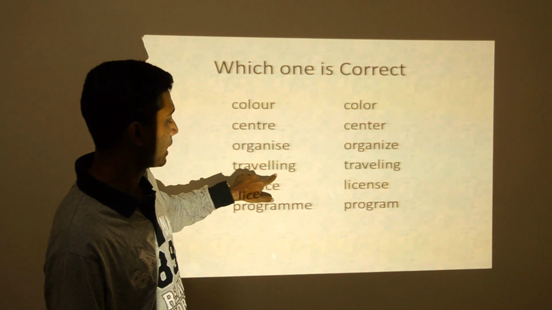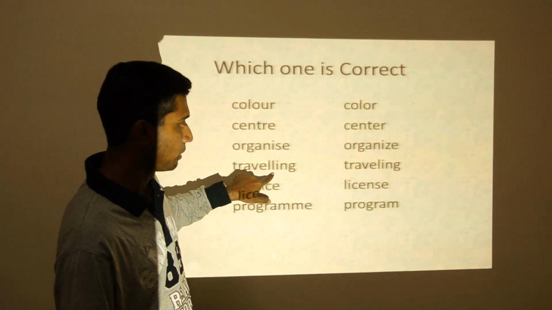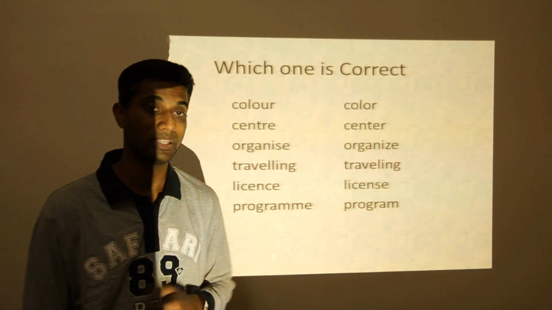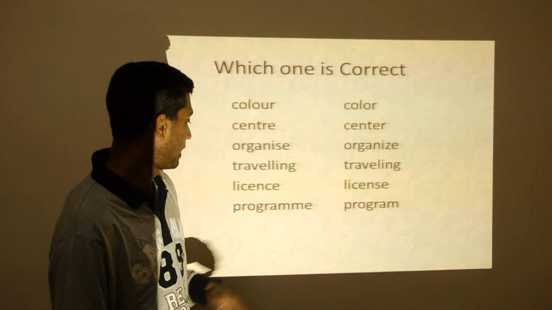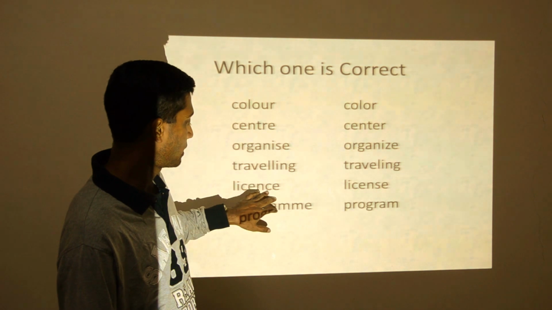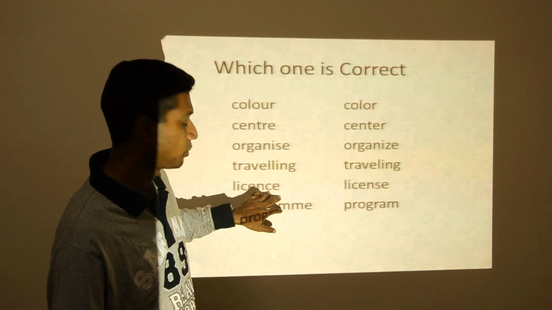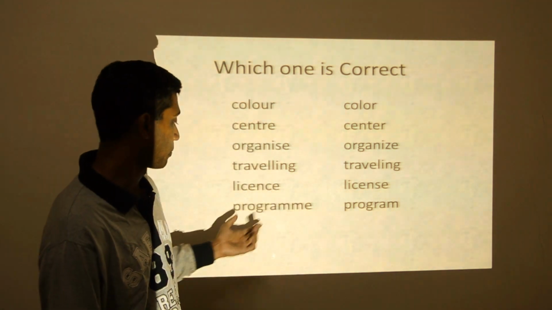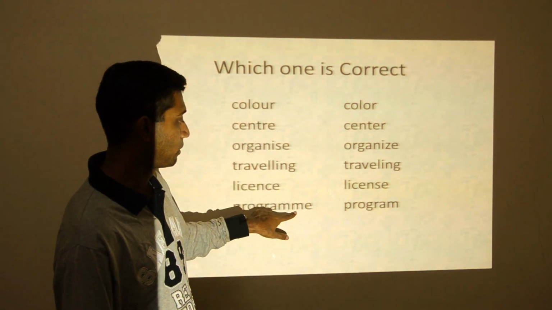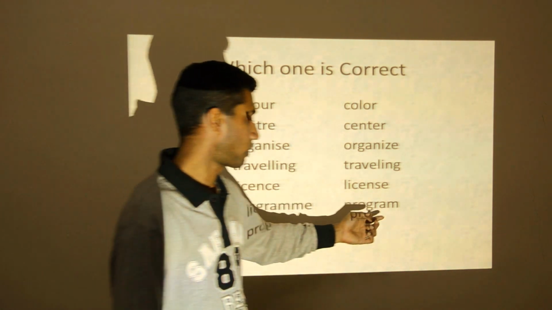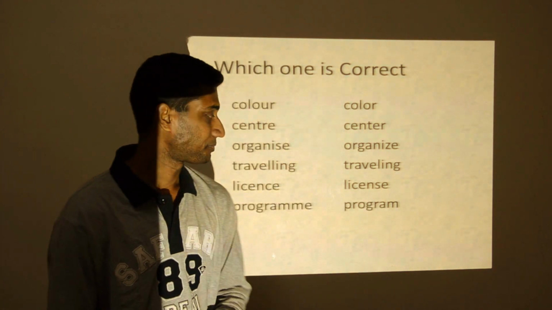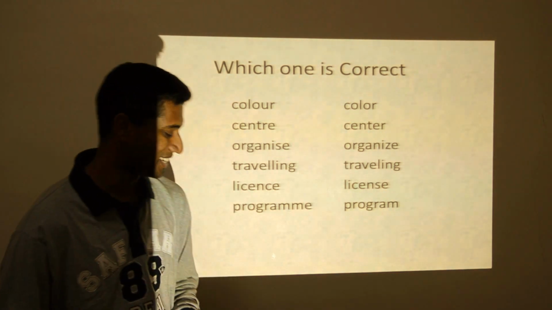Traveling, someone has put a double L, while some are writing with a single L. In terms of license, at the ending some are with C-E, some are writing with S-E. Same with program: some have a double M-E, and some are writing with only one M and no E. Now this is really interesting.